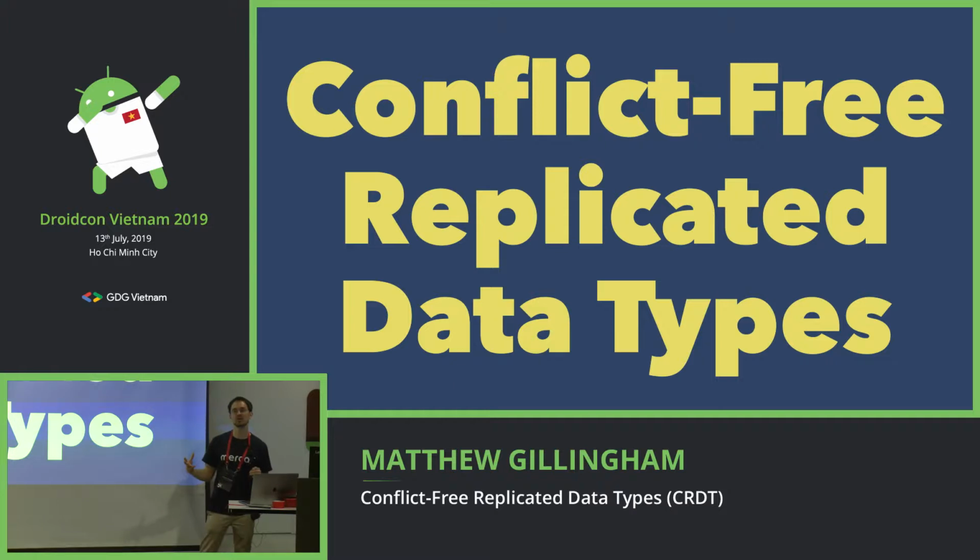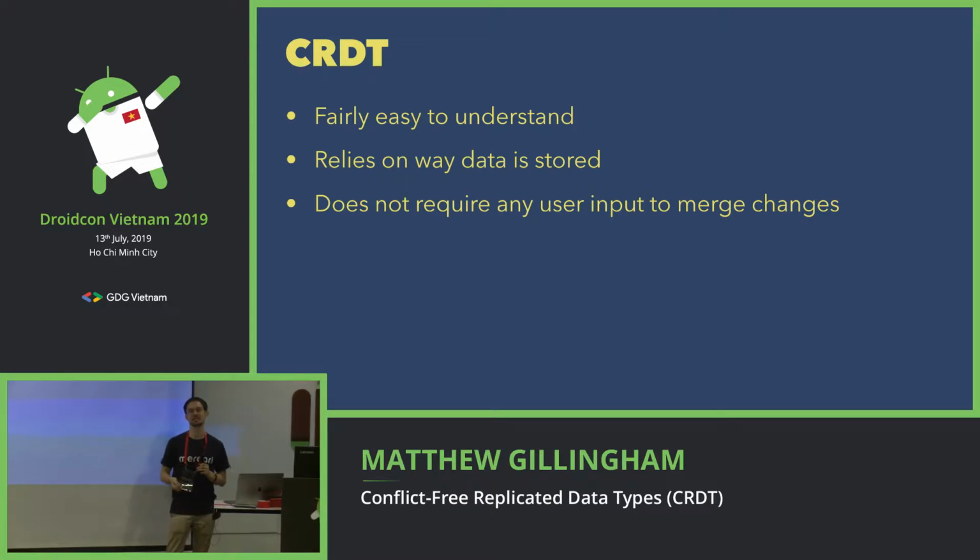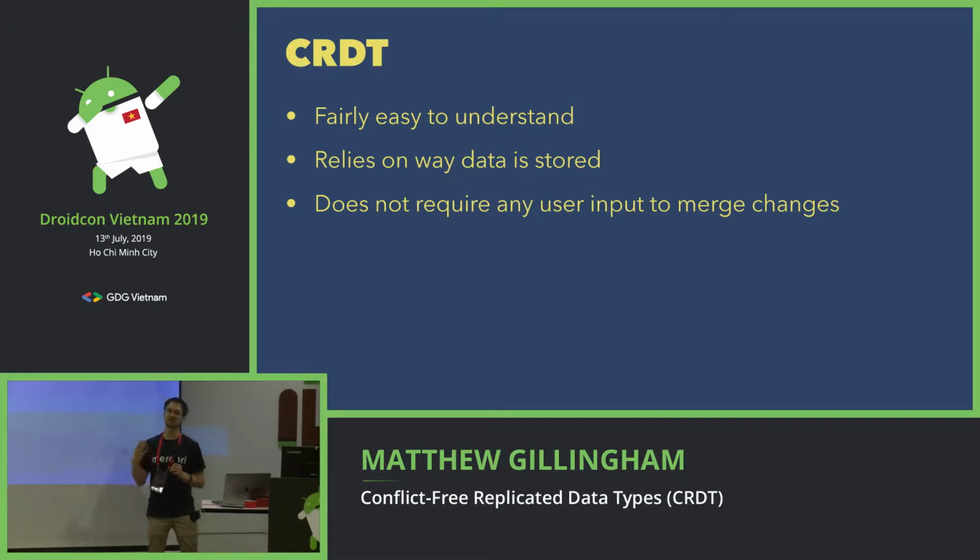The thing that I'm going to talk about is conflict-free replicated data types, which are another way of solving this problem that have some interesting benefits. The first is that, compared with something like operational transformation, they're pretty easy to understand. I'm going to go through some really simple examples. Another nice thing is you can build from the simple ways of doing things to get more complicated behaviors, which is mostly what this talk is going to be about.